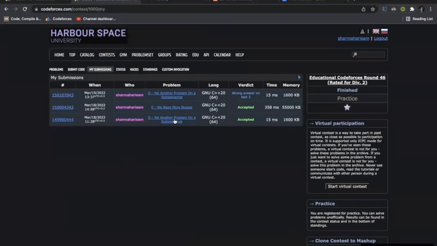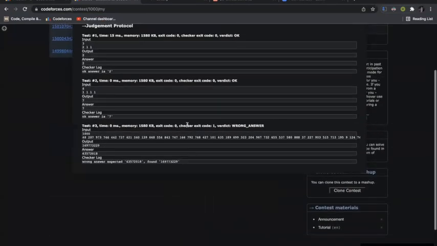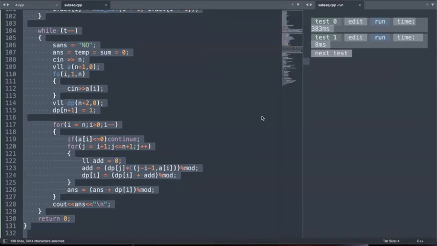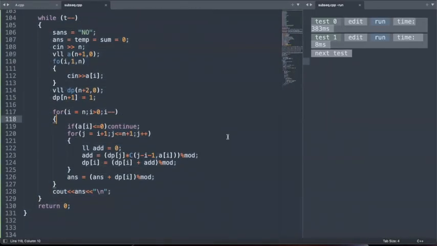Okay, we got wrong answer on test 3. What's going on here? Why is that happening?